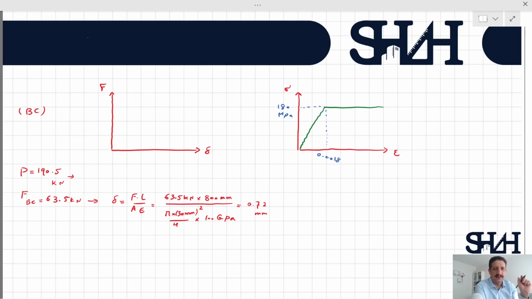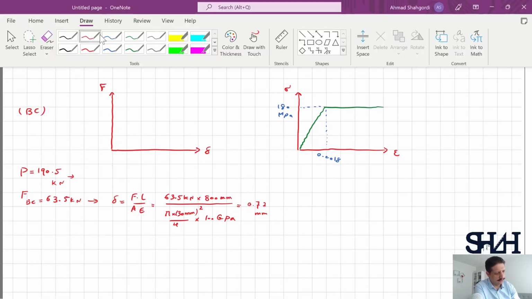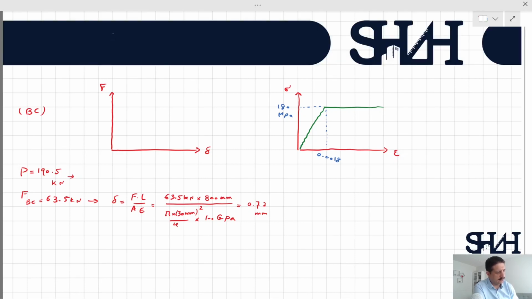But the strain should be different because the strain is the deformation divided by original length. So first, let's sketch the force. The force is 63.5 over here, and the deformation in this stage is 0.72 millimeter.